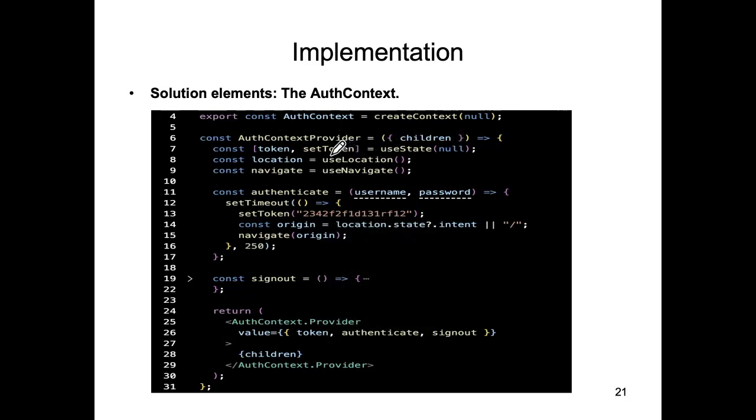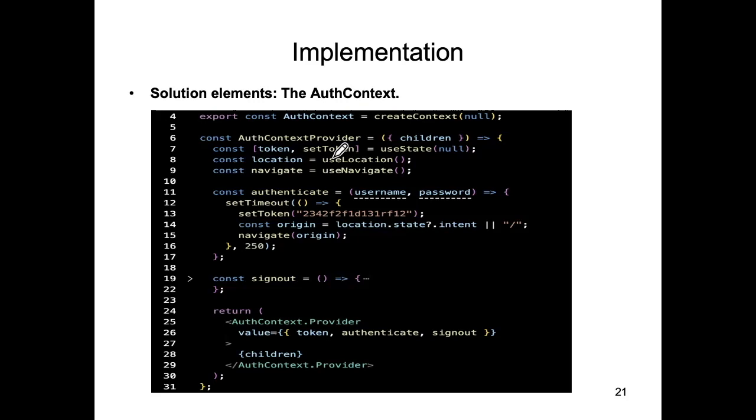You might remember the use location hook. Every time the browser's URL address changes, the React Router library creates what's called a location object. And that location object has a number of key value pairs. Most of them, to be honest, aren't of interest to us, but there is one key value pair.